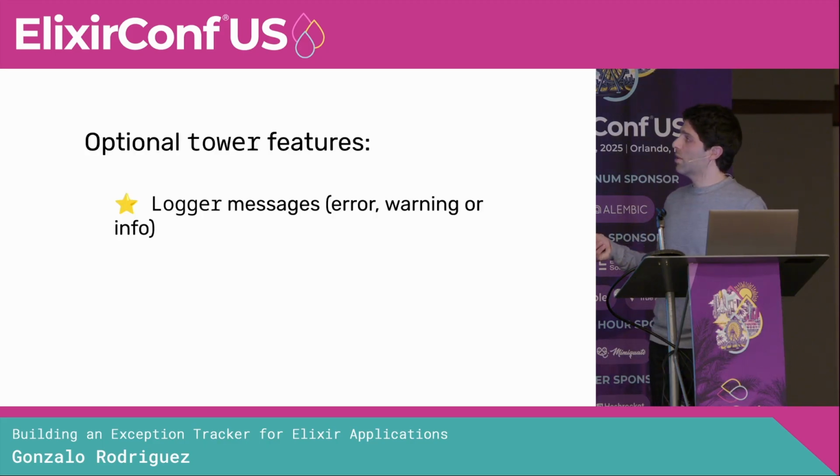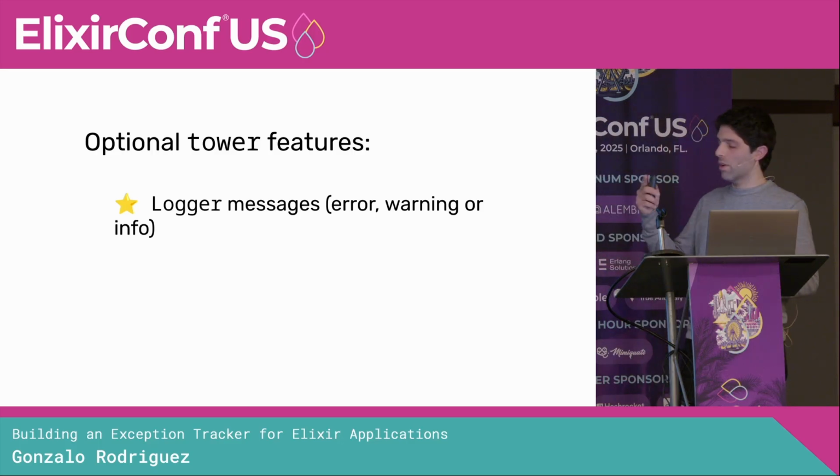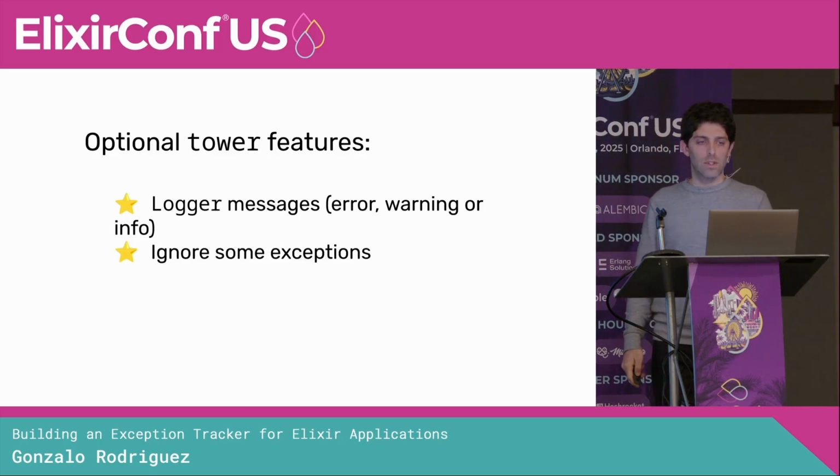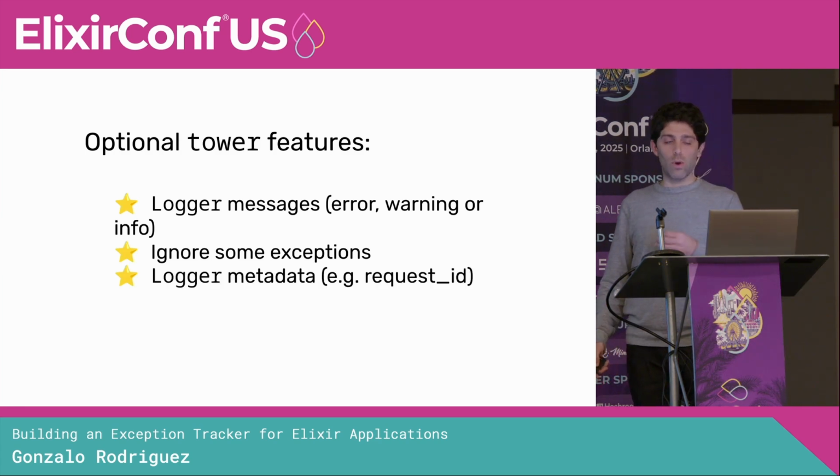Optional features. Also including reports, not just exceptions, but also logger messages, depending on the level, like error, warning, info, or other levels. Ignoring some exceptions based on their shape. Including also on the reports the logger metadata, like for example on a Phoenix application the request ID.